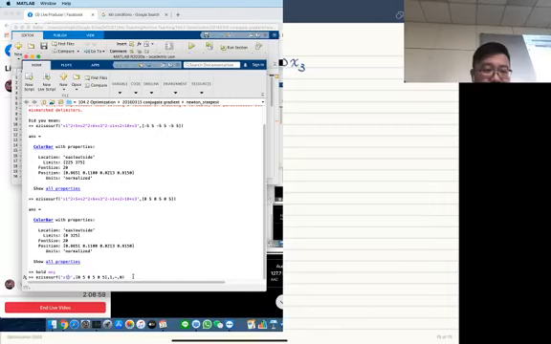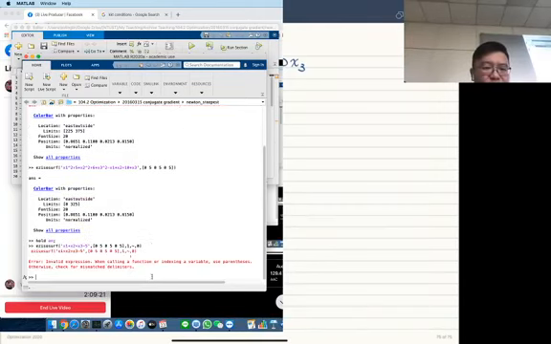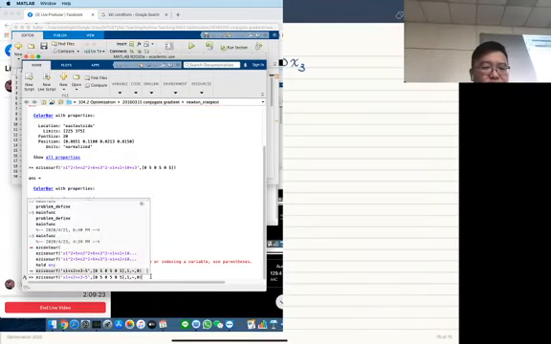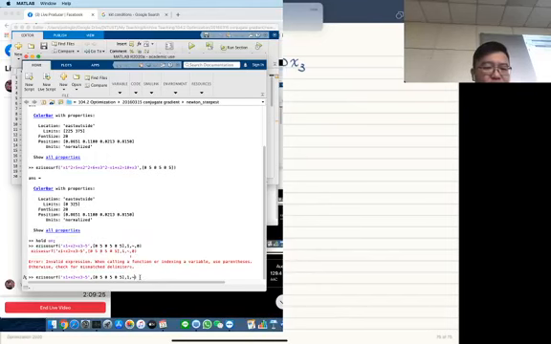So let's try plus x2 plus x3. How about equals to 5? I'm not sure if that works. No? Can I do that? How about this?